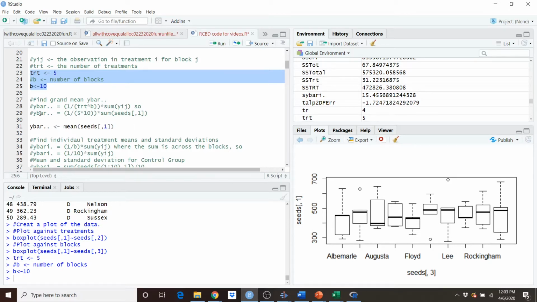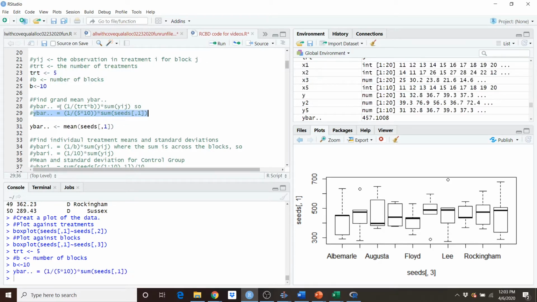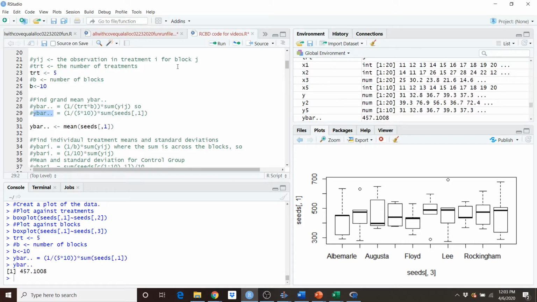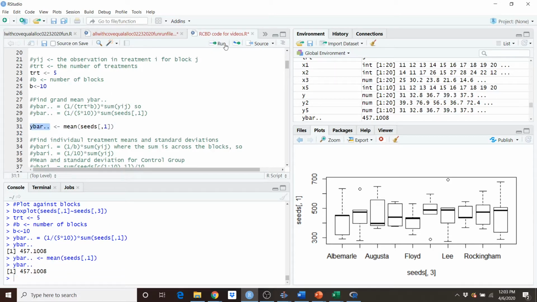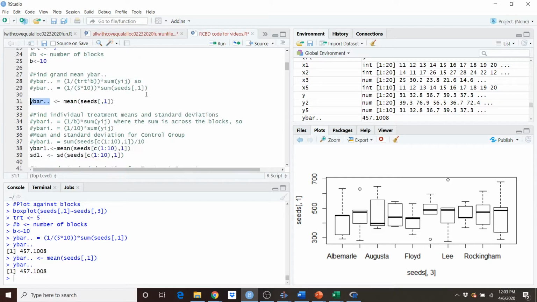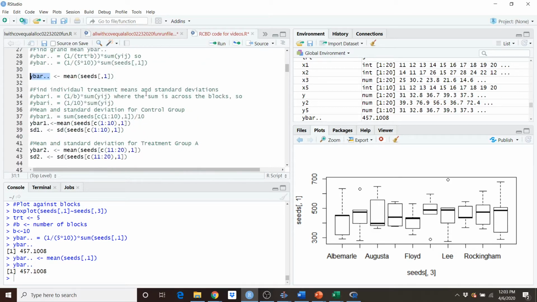Well, as we can see, y bar dot dot then will equal 457.1008. But we can simply take the mean of the first column, and we'll see that we should still get the same, 457.1088.